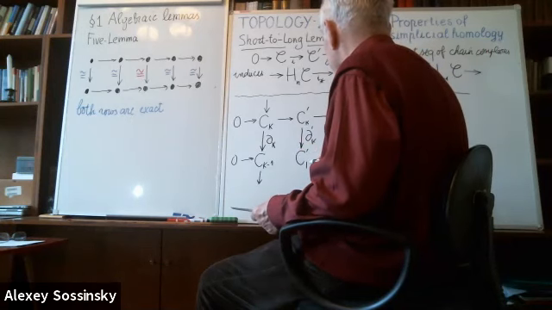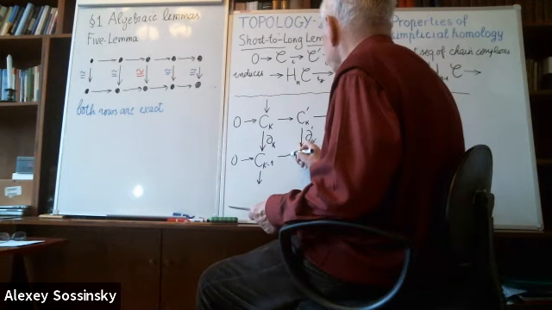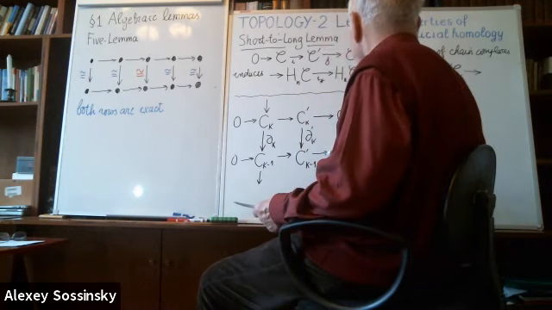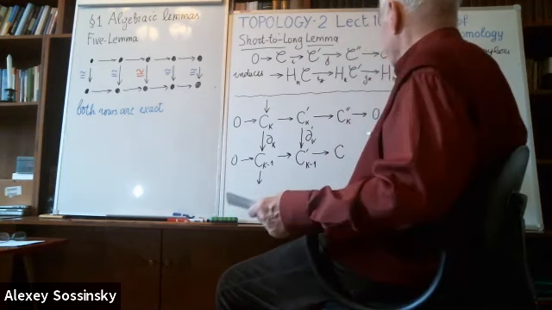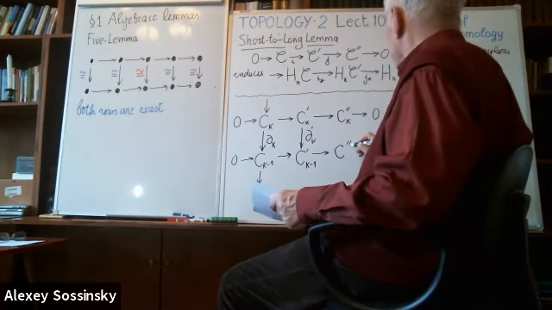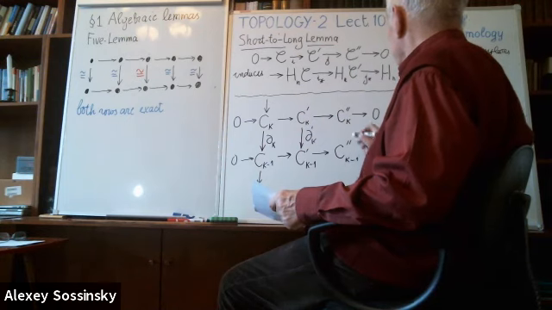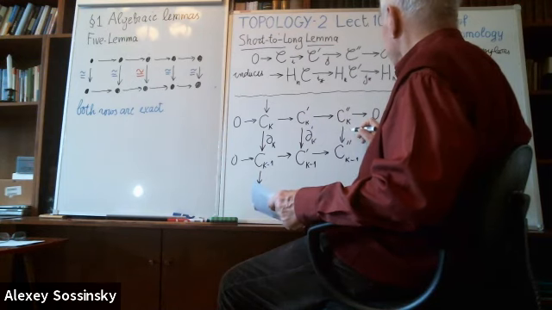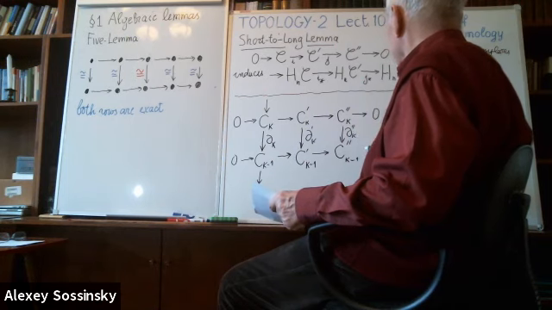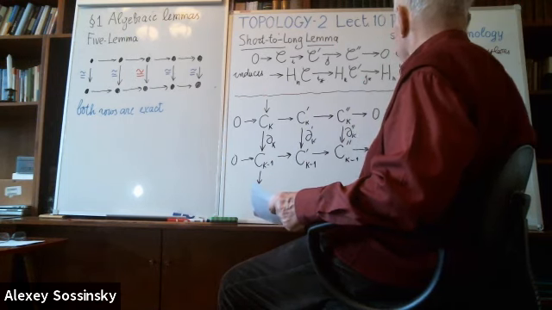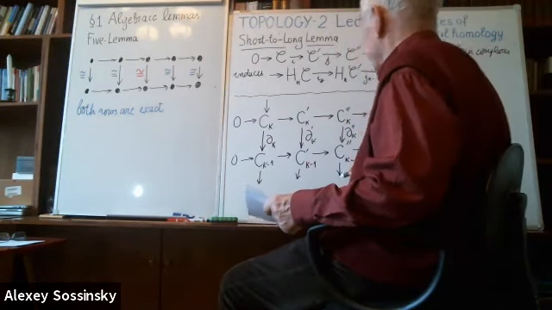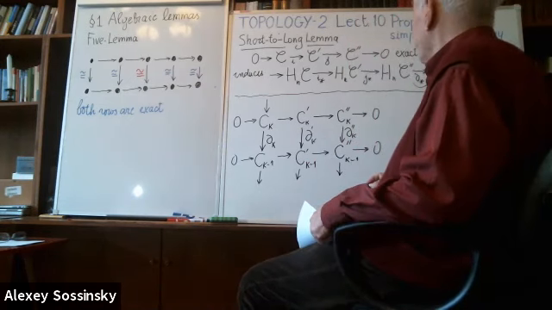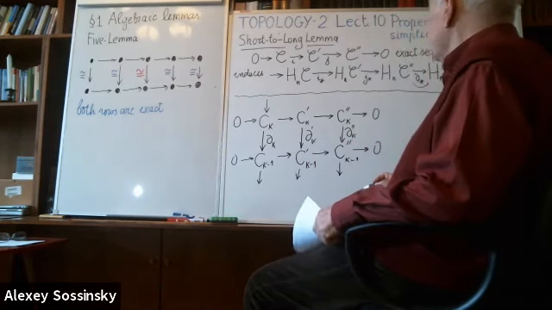C prime k minus 1. C double prime k minus 1 with d double prime k here and 0 at the end, and the other deltas working here.